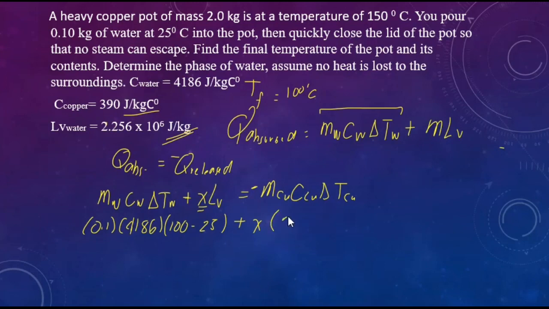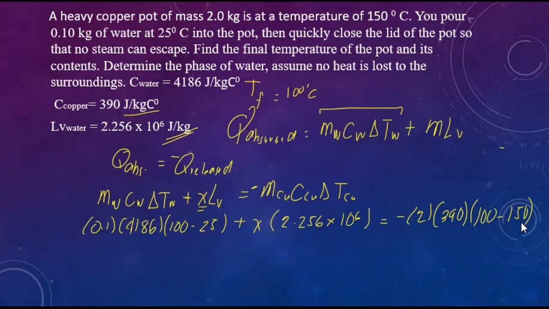Then LV is 2.256 times 10 to the 6th, equals negative mass of the copper or copper pot, we have 2 kilograms. C of the copper is 390. For the delta T of the copper, final temperature is 100 and the initial is 150, so that's 100 minus 150.